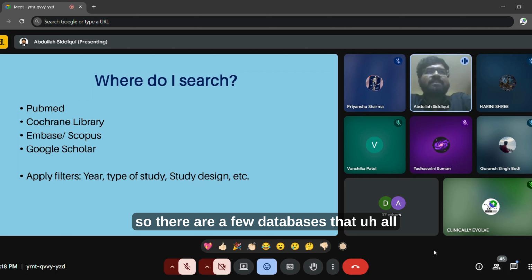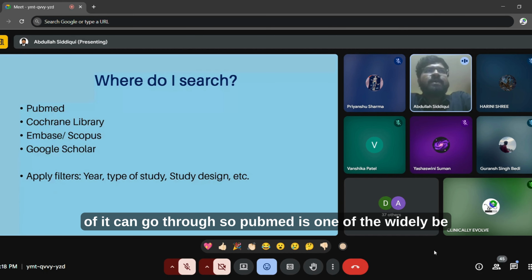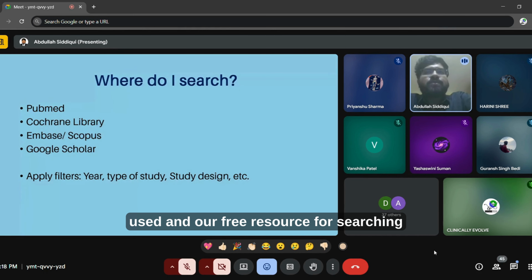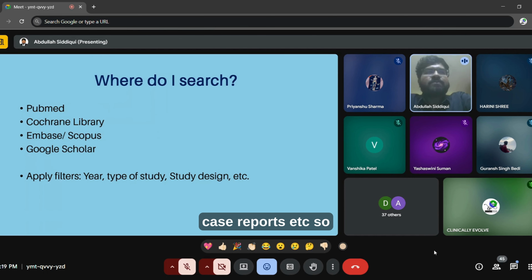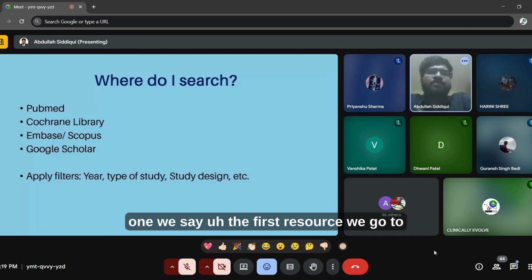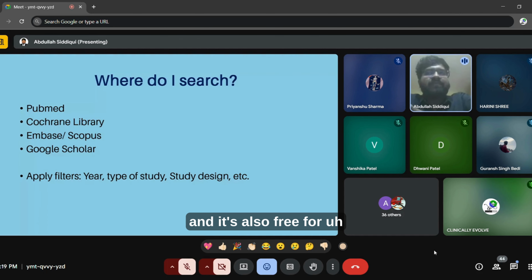So there are a few databases that all of it can go through. PubMed is one of the widely used and a free resource for searching for research articles, case studies, case reports, etc. So that is the tier one, we say, the first resource we go to, and it's also free for everyone to access.